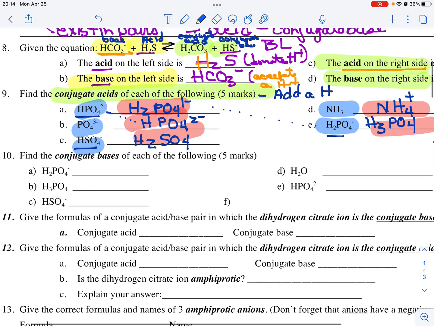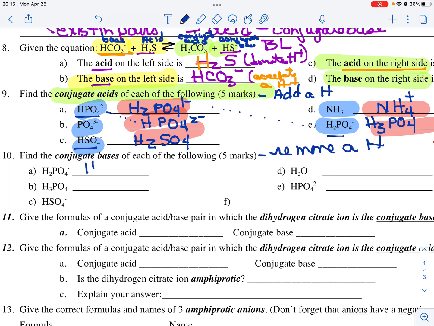Now our next thing is we're going to write our conjugate bases. For these, we are going to remove a hydrogen.